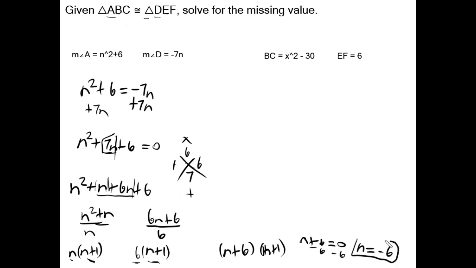That is one of our answers, and another answer is n plus 1 equals 0, minus 1, n equals negative 1. These are two of our answers. So I'm going to erase all of this, except for that. Alright, so now we have n equals negative 1 and n equals negative 6.